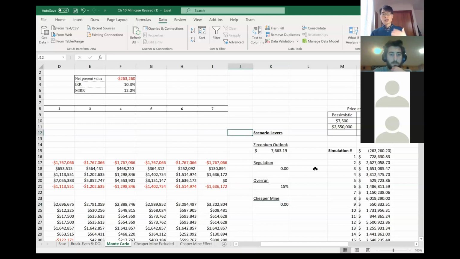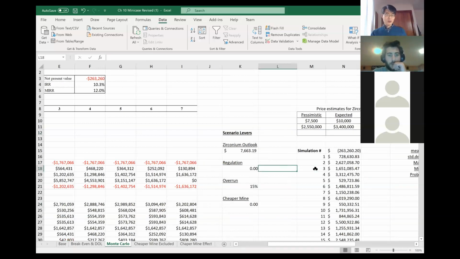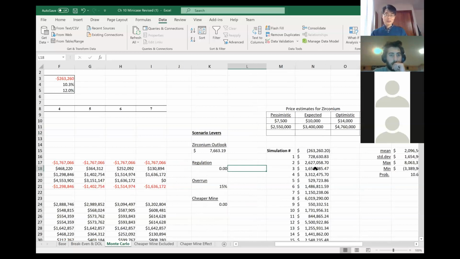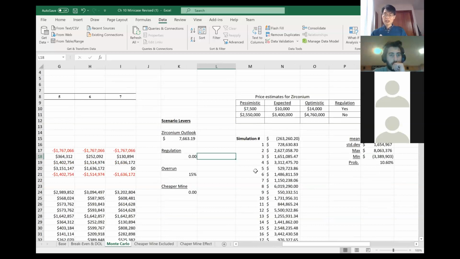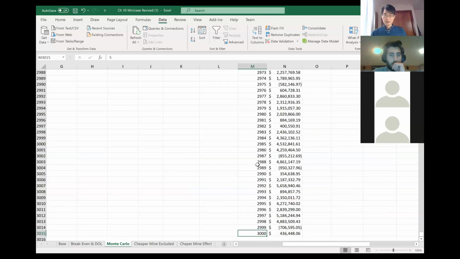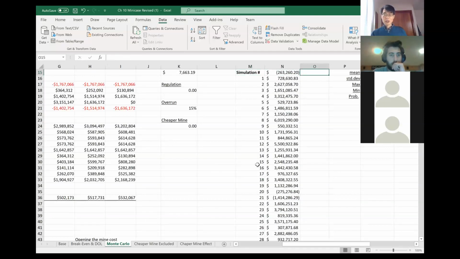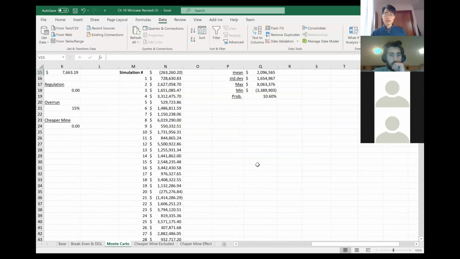Then you may wonder, so what's the point? The point is now I can run a simulation. So I can press F9, say in this case, 3,000 different times. If you want to run 10,000 simulations, that's perfectly fine. It doesn't take a whole lot of time. Then you can calculate the mean value and the standard deviation and so on.